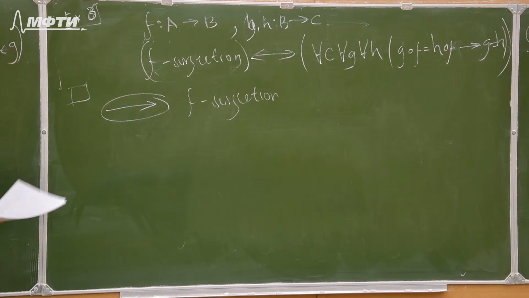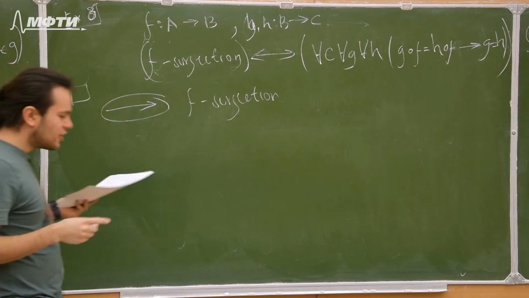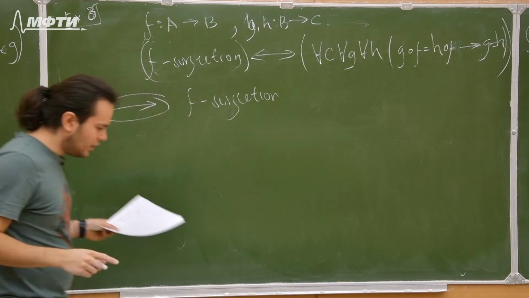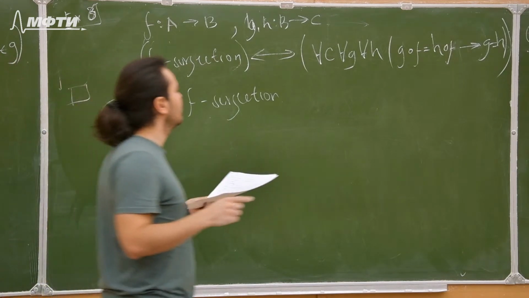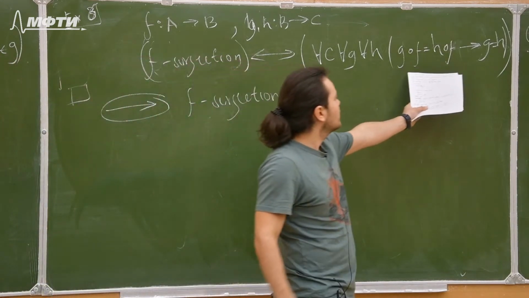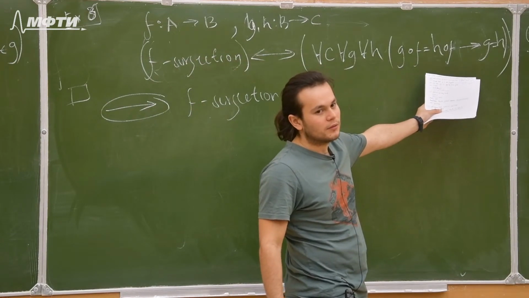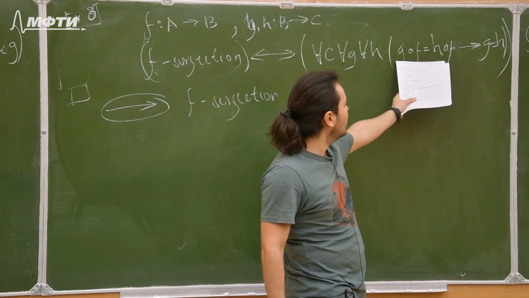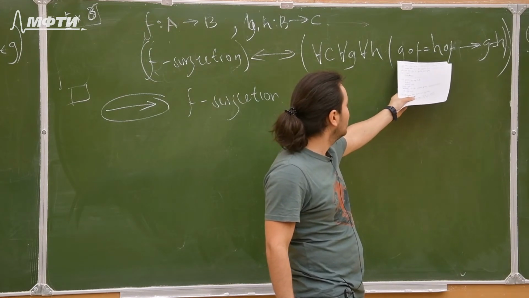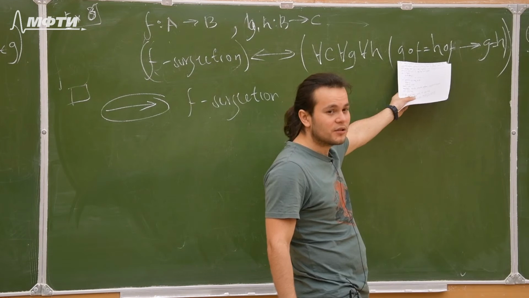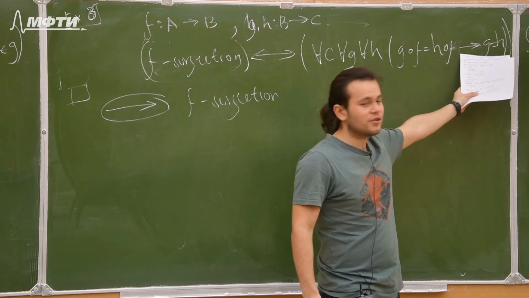So again, I have a function f which is surjective, okay? And I say that if this function f is surjective, then this implication holds. So if the composition of f with two other functions is equal, then these two functions are equal.